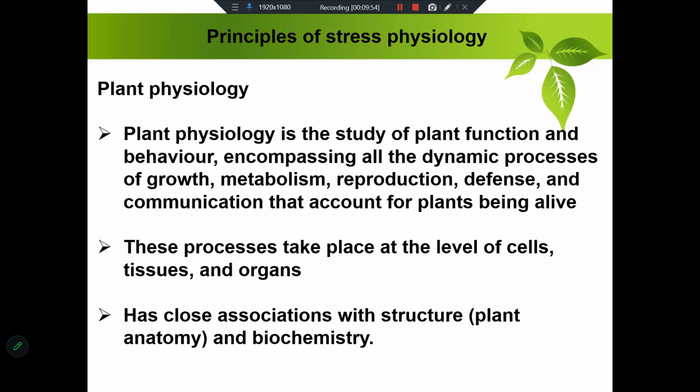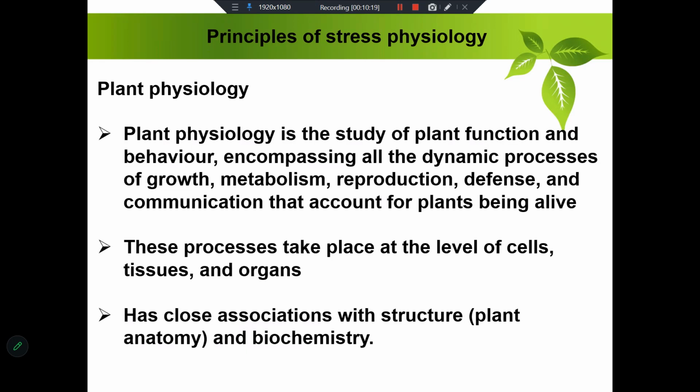And also, there is a very high link between the physiological processes and biochemistry. Certain biochemical reactions are going on inside the cell, and they result in a certain physiological function. For example, photosynthesis is actually a biochemical process, but the ultimate result is a physiological process.